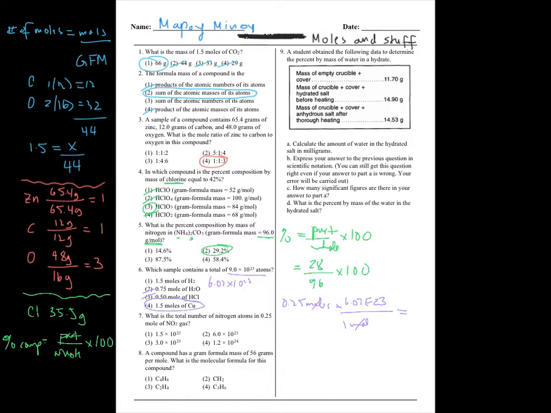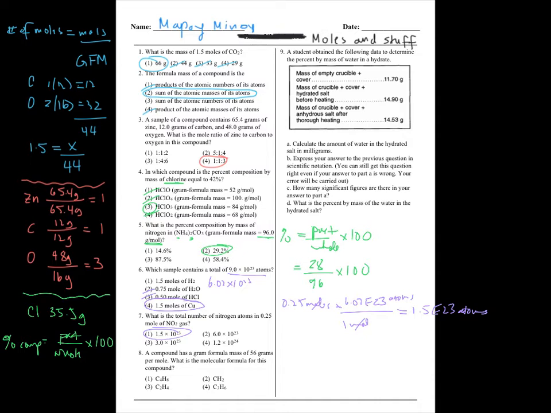So when you do 0.25 times 6.02 times 10 to the 23rd atoms, because now that's the unit we have left, we get 1.5 times 10 to the 23rd atoms as our answer. And that's choice 1.